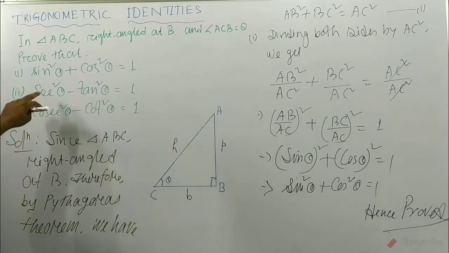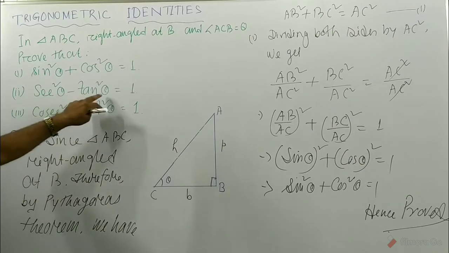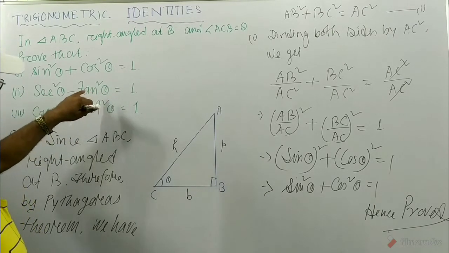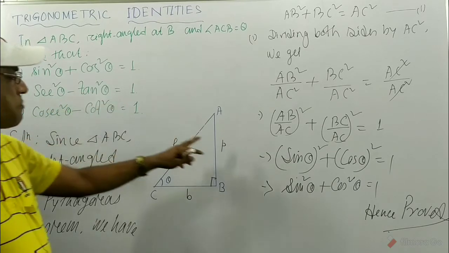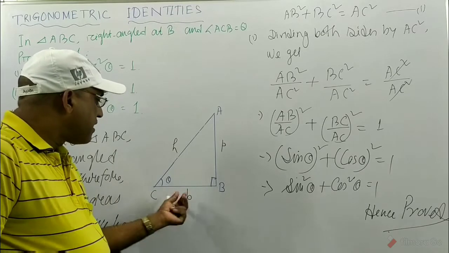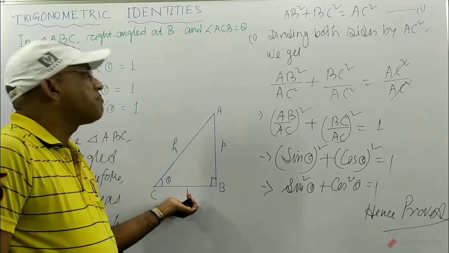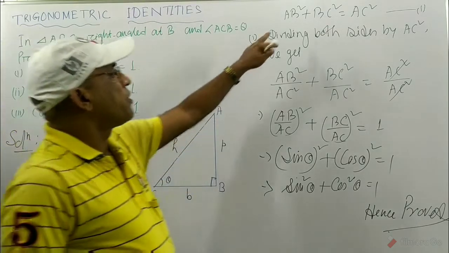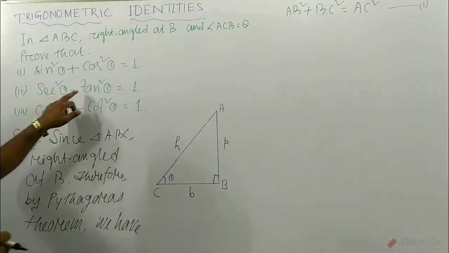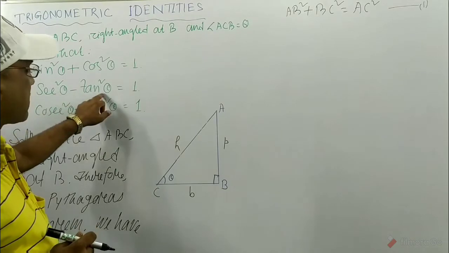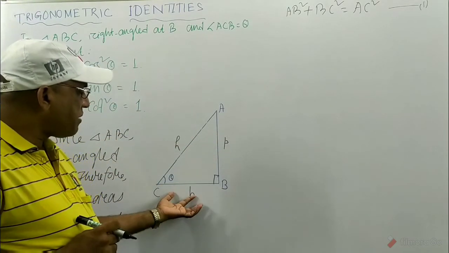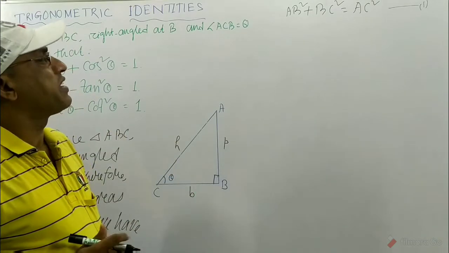Next we have to prove sec and tan. Tan means P by B, B means BC. BC must be in the denominator, so we divide both sides by BC square.